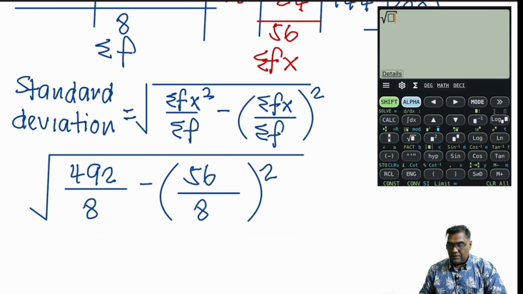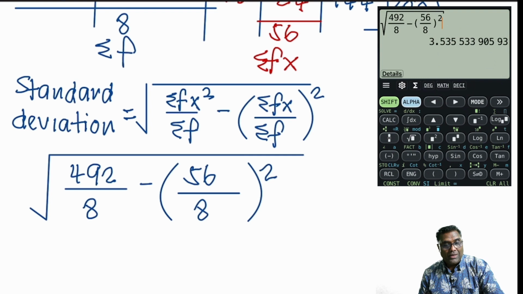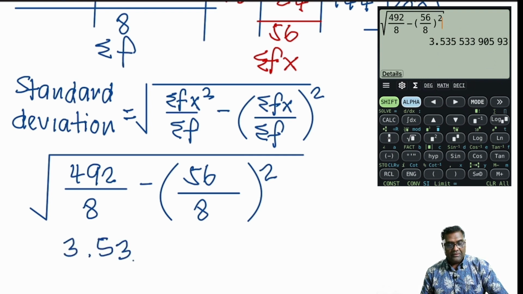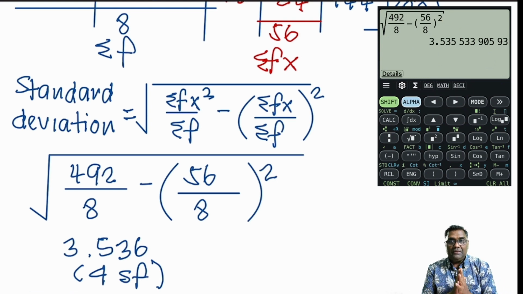So square root 492 over 8 minus in bracket 56 over 8 close the bracket squared. So you have your answer, 3.536 if I were to write in 4 significant figures. So this is how we need to know how to calculate standard deviation.